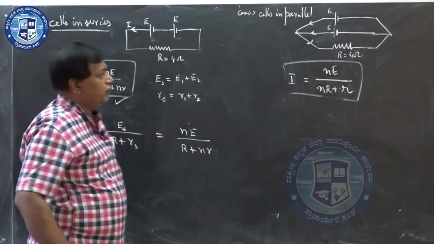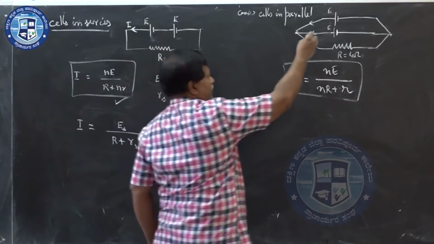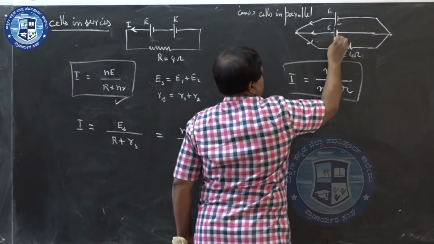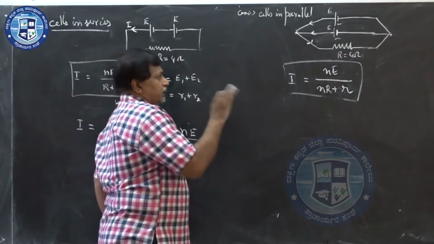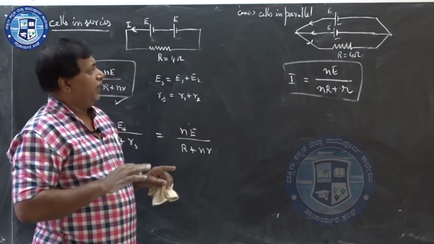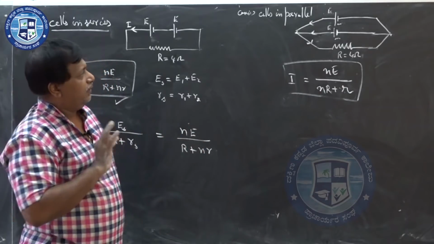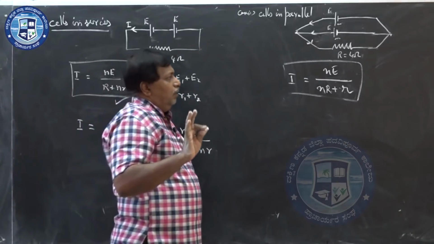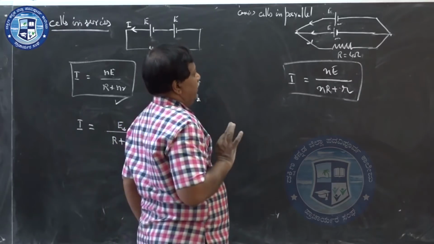Similarly, in the case of parallel combination, here also the cell will have a small internal resistance. When the cells are connected in parallel, the effective EMF, when identical cells are connected, will be nothing but the value of any one identical cell.